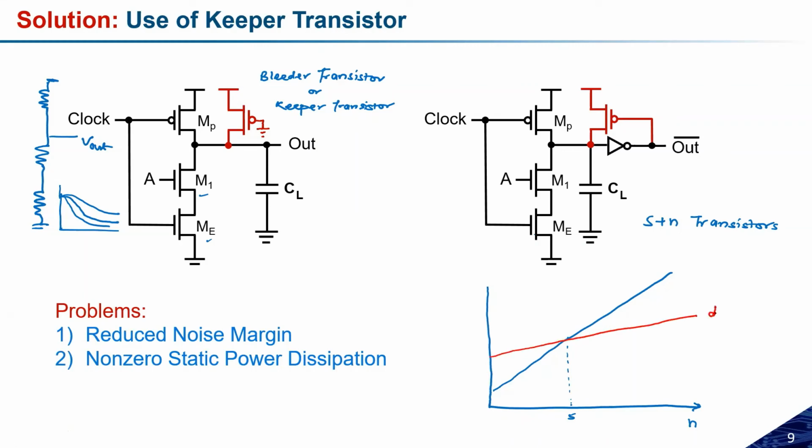This is for the dynamic, and this is for the static. So this is what the difference is.